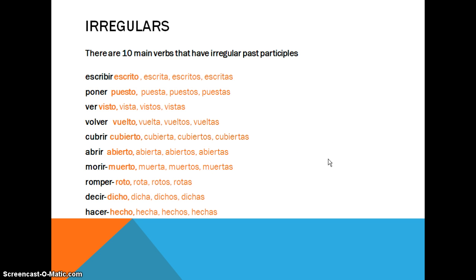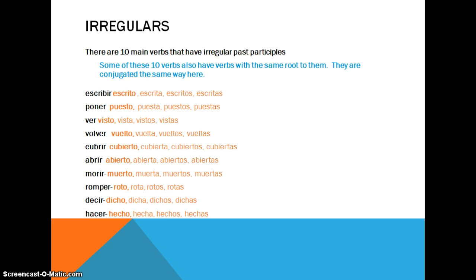Now, you might be noticing that some of them are missing. They're not really missing, they just have the same root, and so they're conjugated the same way. So here are those. Escribir, describir is just escribir with a D, so I'm literally just going to add a D to escrito. So escribir, escrito, describir, descrito. Poner becomes puesto, so exponer is expuesto. I'm just adding the X in front of it. Ver is visto, so prever would be previsto.